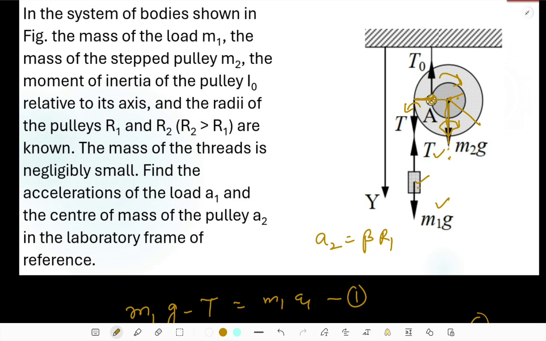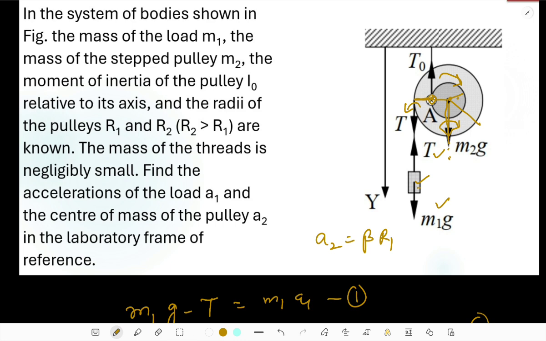What I told, acceleration of its center of mass, is not very much correct but not very much wrong. a2 equal to beta r1 will be fine.